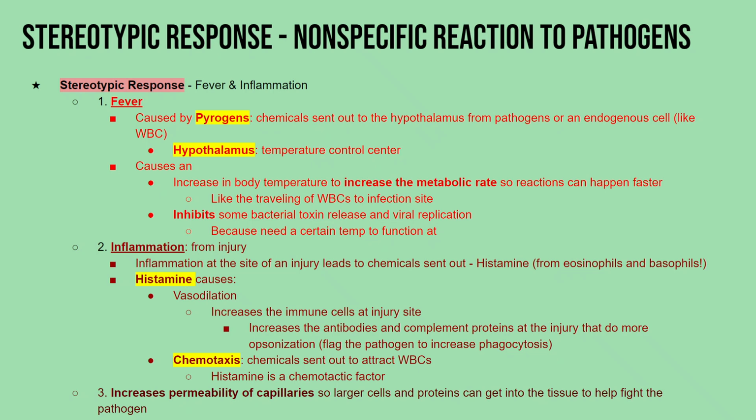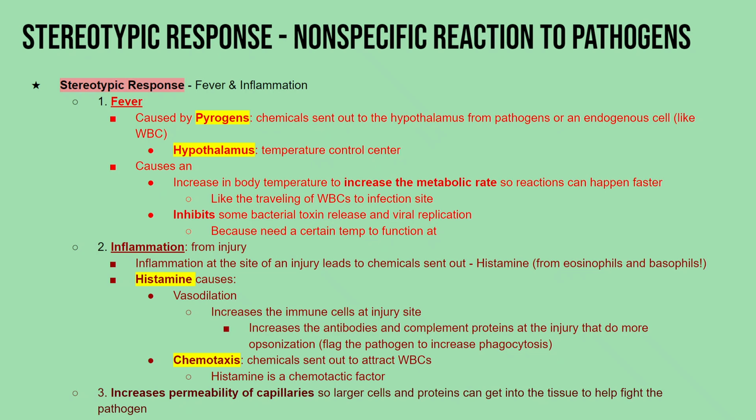And then this is kind of like synthesizing everything we've talked about so far in the non-specific immune system, like a stereotypic response to a pathogen. It's like when you get sick, you get a fever and inflammation. So the fever is caused by pyrogens that are sent from the hypothalamus.